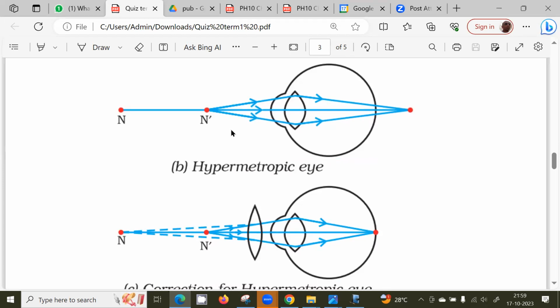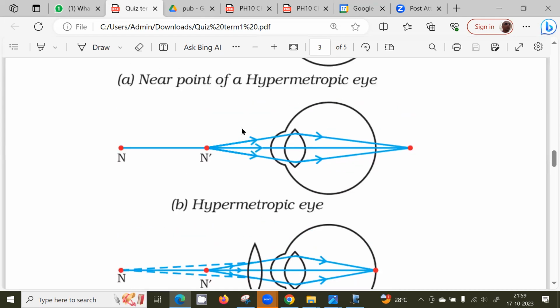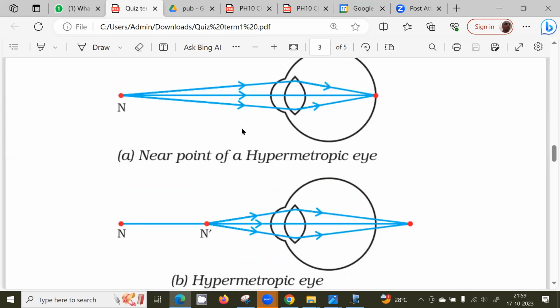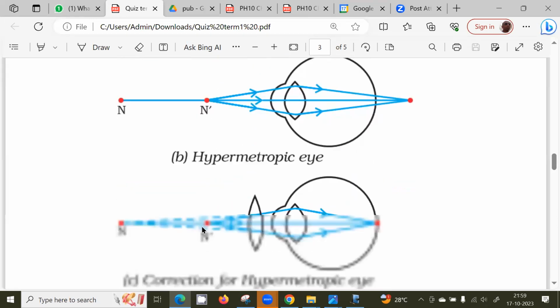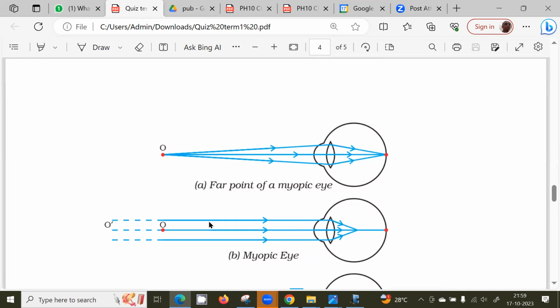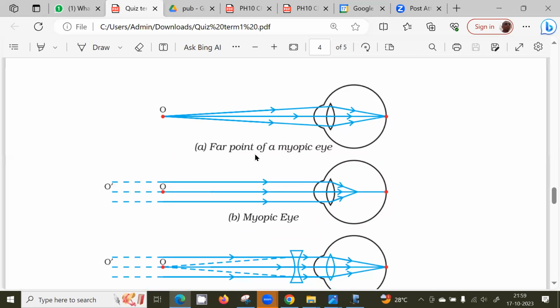So here I cannot see nearby objects. For a normal eye, if you have a parallel beam coming from a faraway object, the image should form at the retina. But here it's not forming because it's a defective eye, a myopic eye.